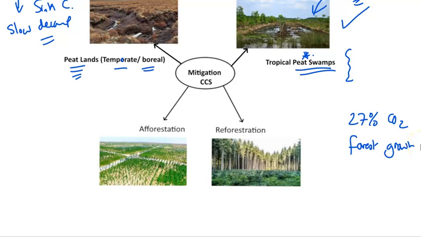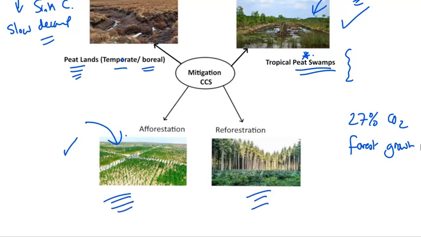There is the option of afforestation. Afforestation is the planting of trees where previously there had been none. So if we have perhaps grasslands and we plant trees, then we're able to fix more carbon dioxide. So this is trees where there previously were none.